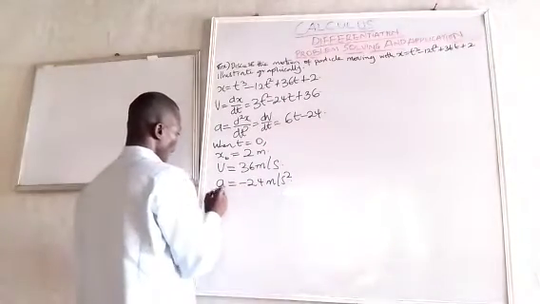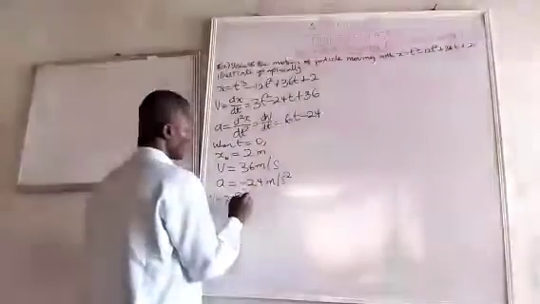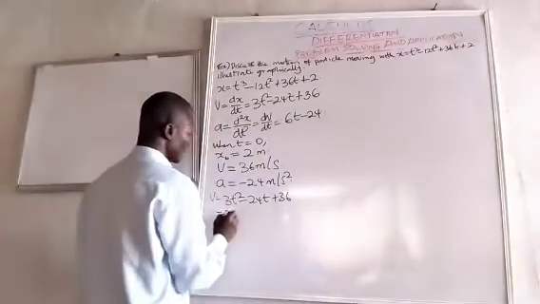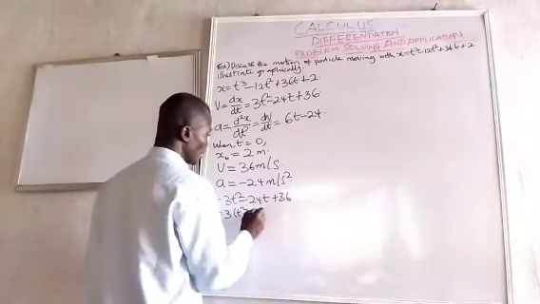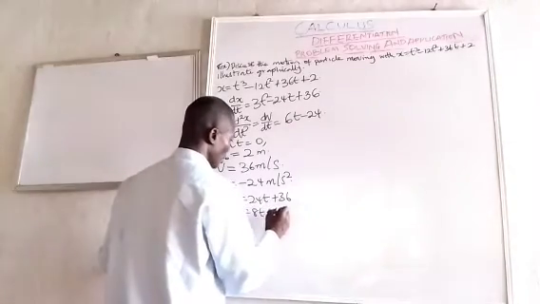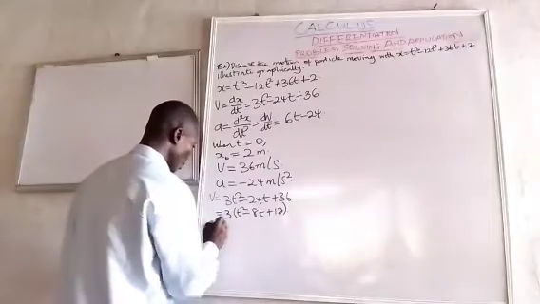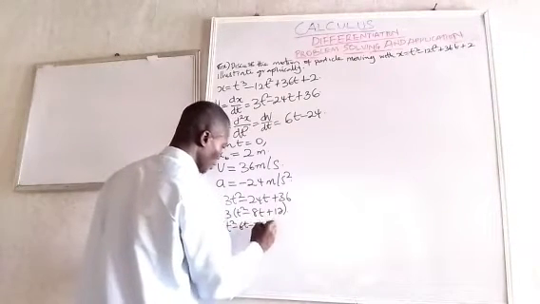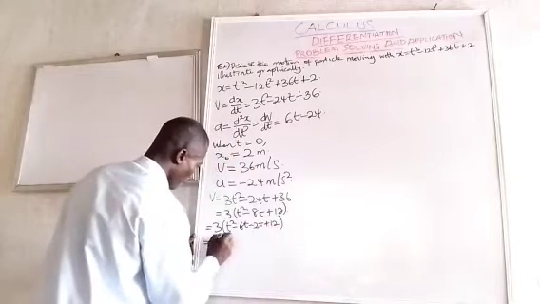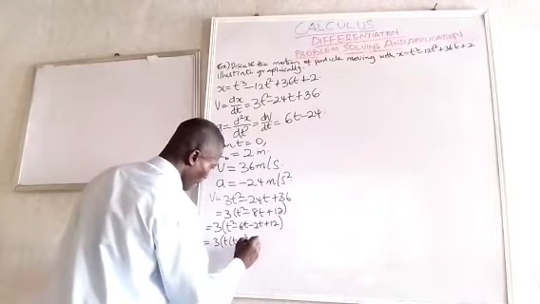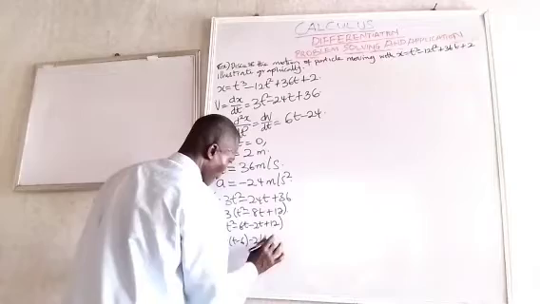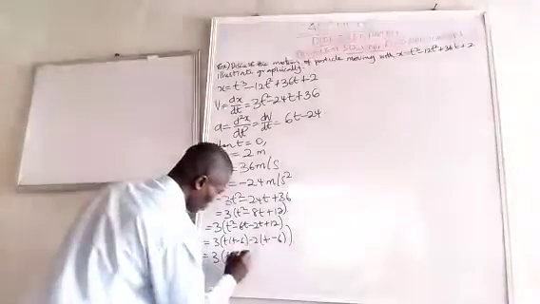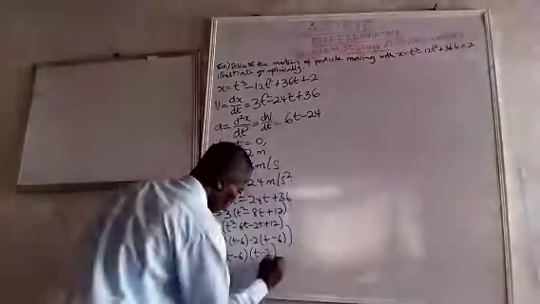So v equals 3t squared minus 24t plus 36, which I can easily write as 3 times t squared minus 8t plus 12. Let's quickly factorize it. So what does that mean?